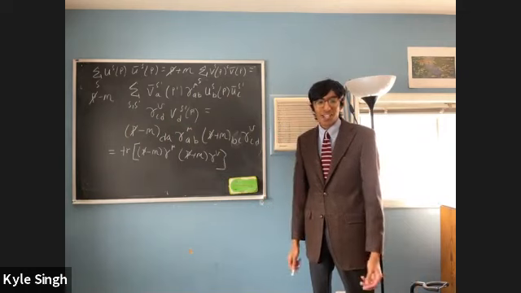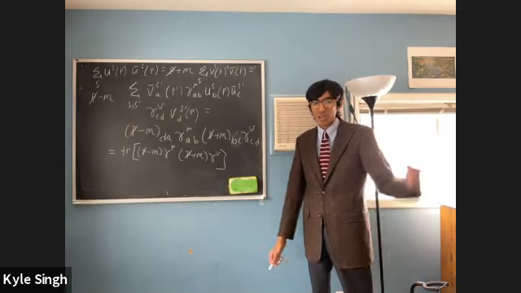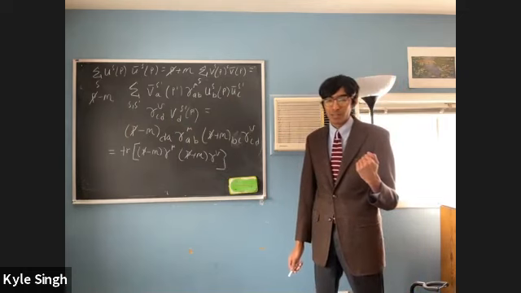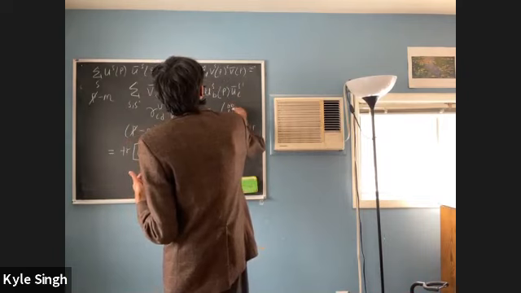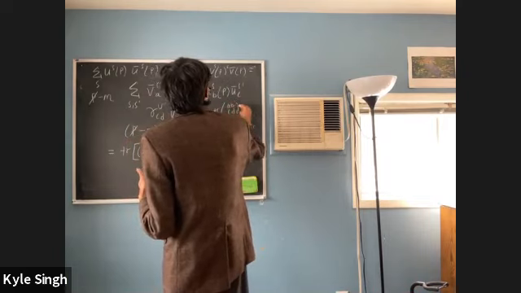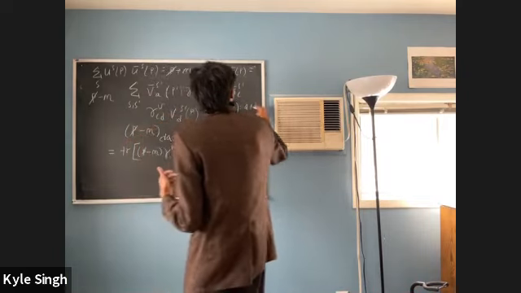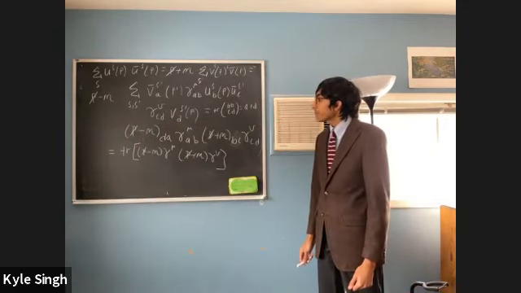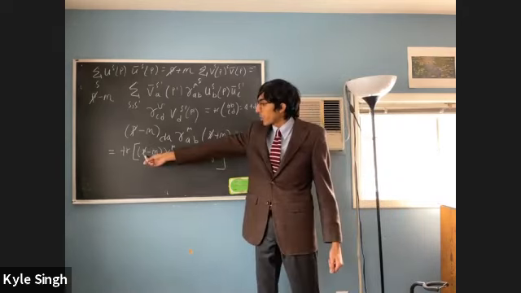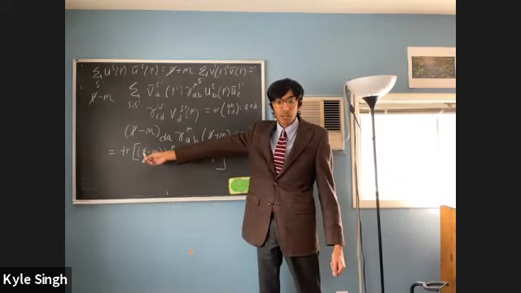Do we all know what a trace of a matrix is? Okay, it's just adding the diagonals. So if I have a matrix A, B, C, D, the trace of this is just A plus D. You just add the diagonals. And this has a gamma matrix. This is P slash, right?